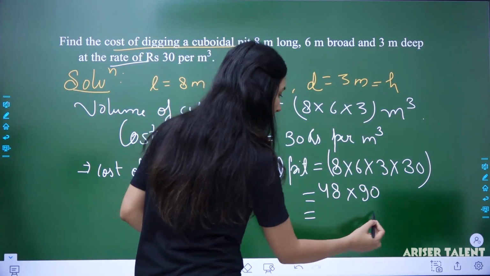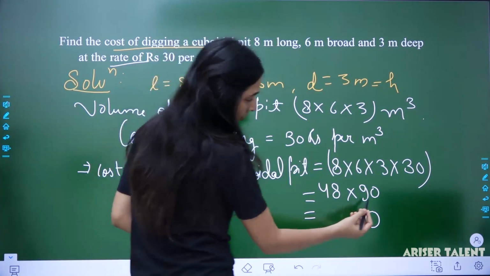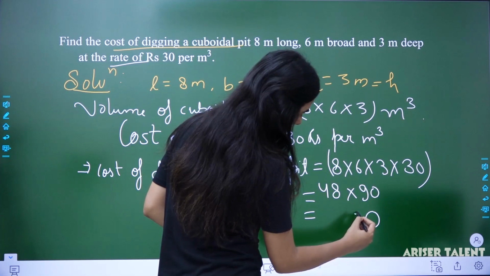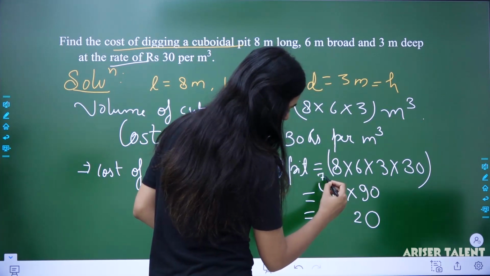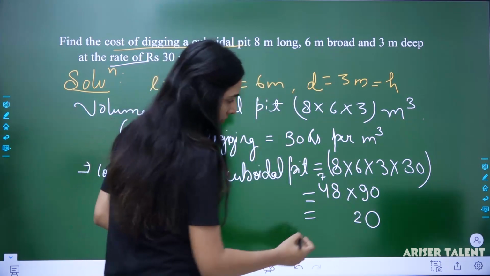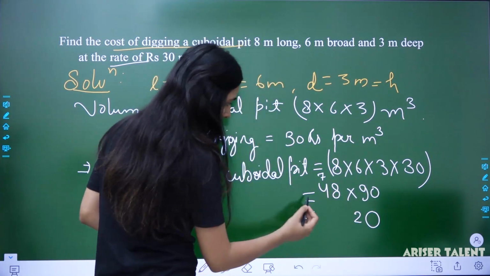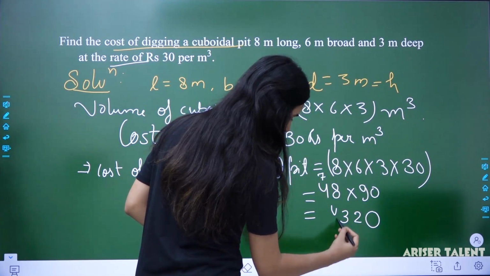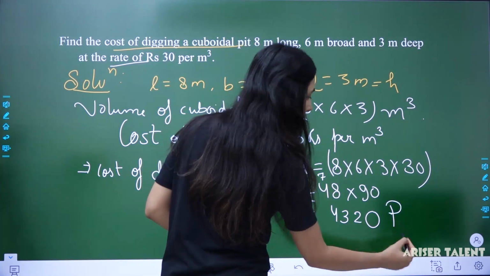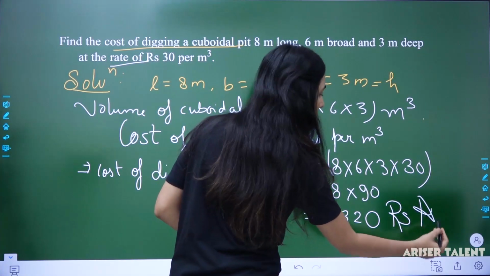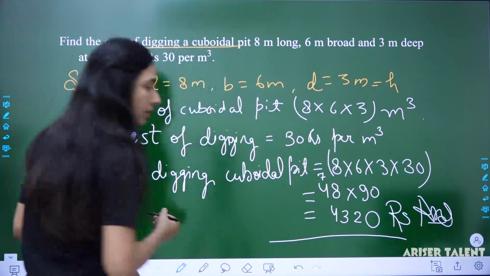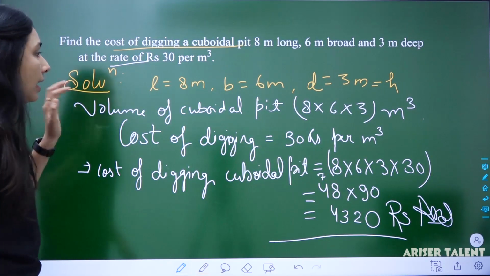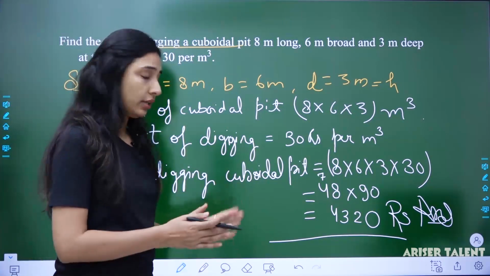Then calculate it. That will be 4320 in rupees, your answer. Understood? Any doubts about that? No? Okay, so we're clear with it.